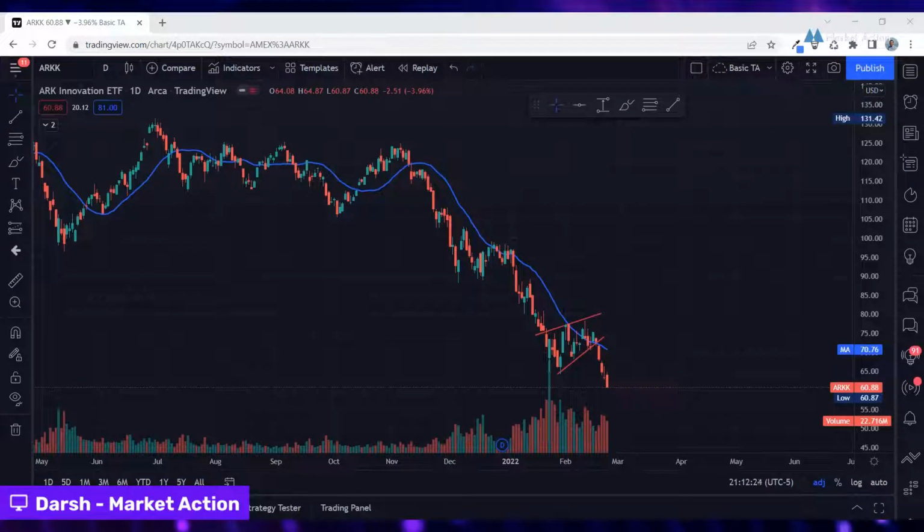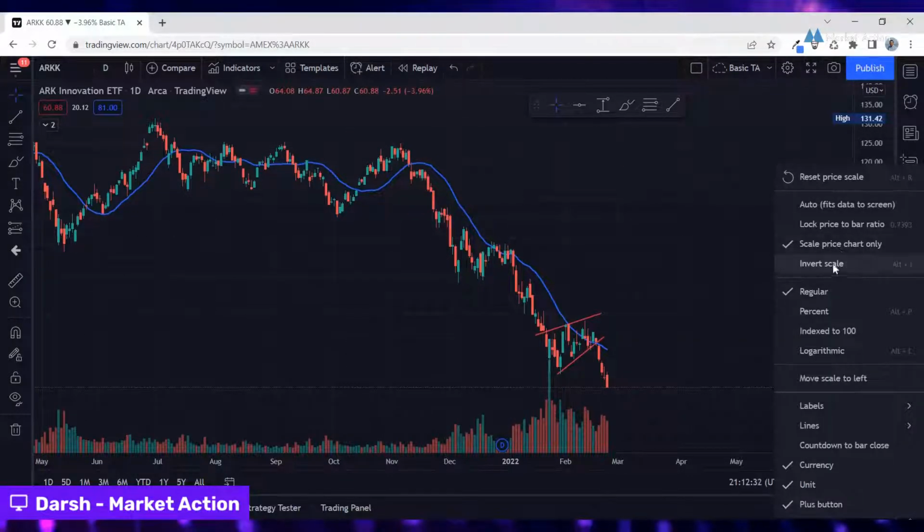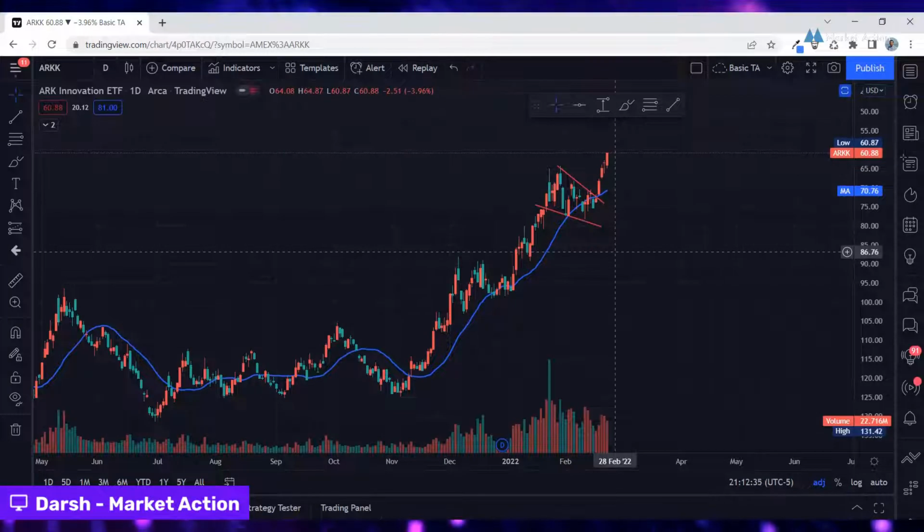Now, one thing to keep in mind is very, very important. I'm going to flip the chart again. When you're looking at the chart upside down, make sure your trades reflect the same. By that I mean, don't look at the chart thinking bullish and take on a bullish trade. Make sure you flip your trades according to the chart and follow a bearish pattern if you see a bearish pattern developing on the charts or the price action.